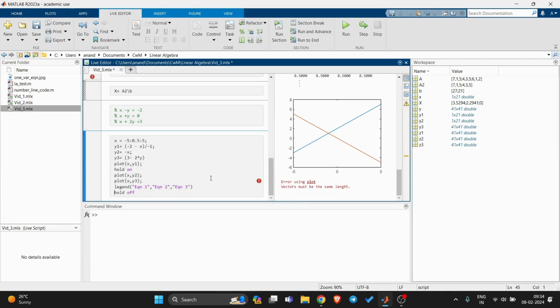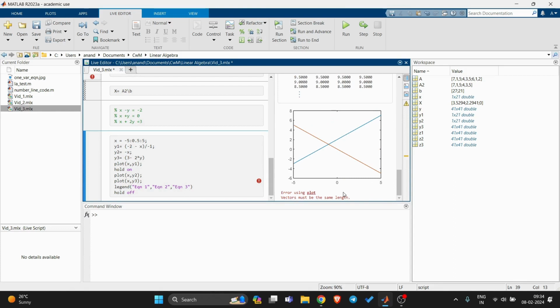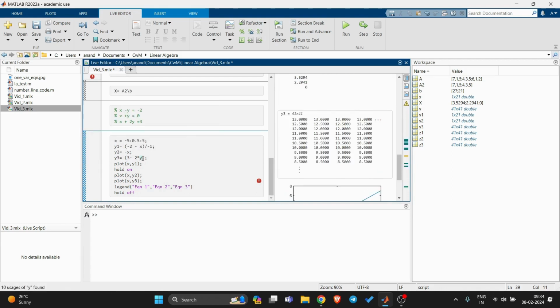Something went wrong here. So for the third equation, it was 3 minus x by 2.